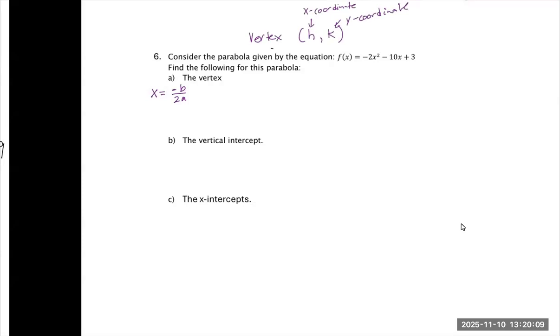The x coordinate is found using this formula. I believe sometimes they say h is equal to -b over 2a. I use x, I guess I should really say the x coordinate of the vertex.